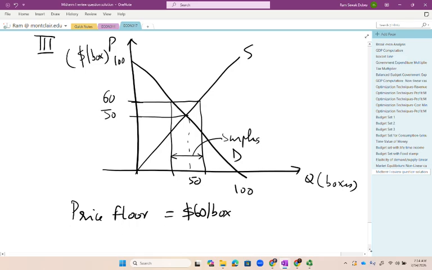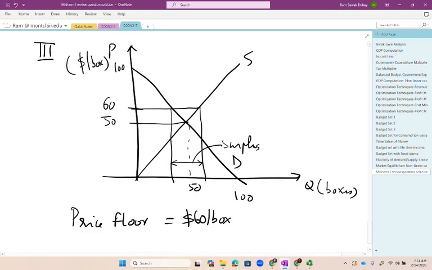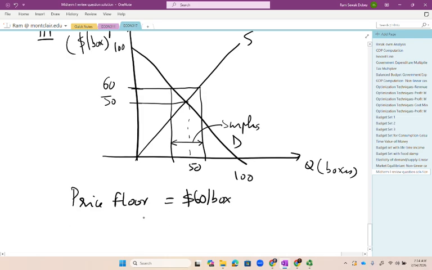Let me do the computation. Price floor. So quantity supplied equal to price. So 60 boxes. So this number is 60.